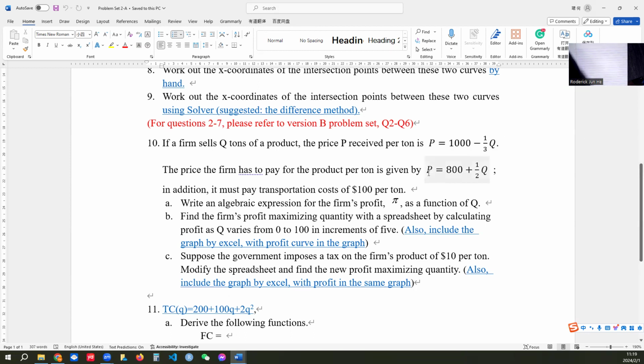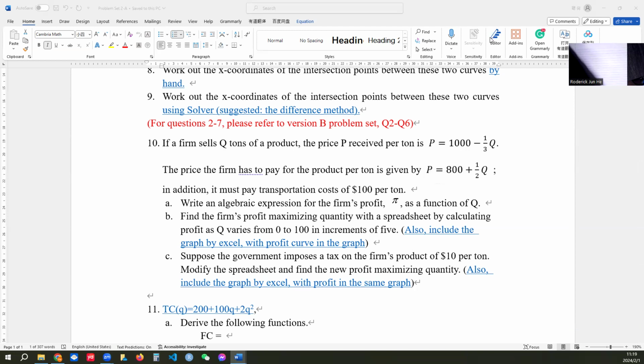The other P, you're purchasing a product in the upper stream, so that one is namely raw material. That's the price of raw material. Here they are both noted as P, but they mean different things. It requires a little bit of thinking, a little bit of common sense, to figure out which one should be considered as revenue and which one should be considered as cost.